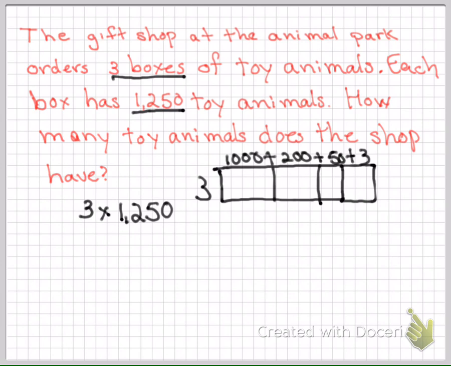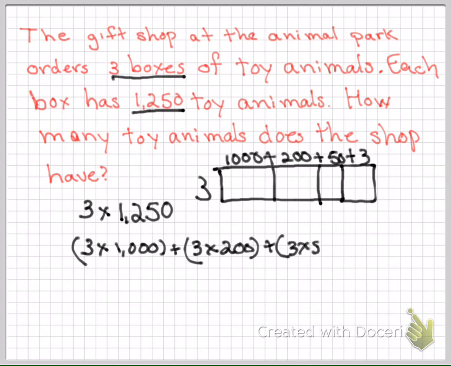So our first part of the problem is to go 3 times 1,000 plus 3 times 200 plus 3 times 50 plus 3 times 3.